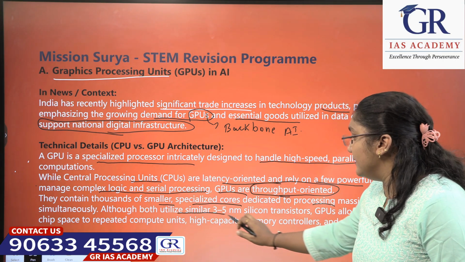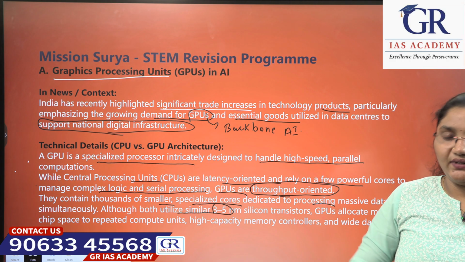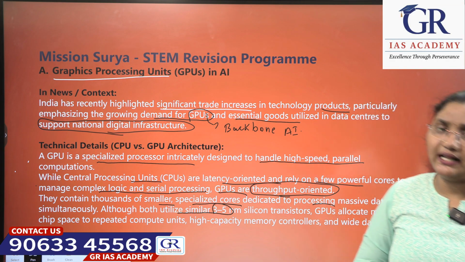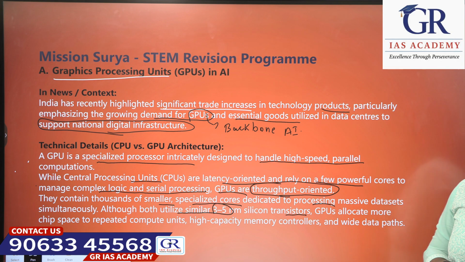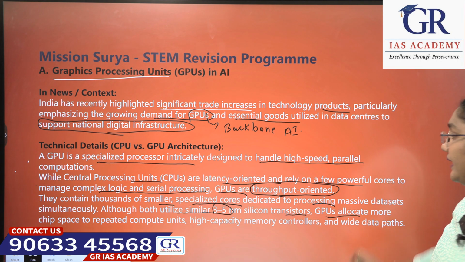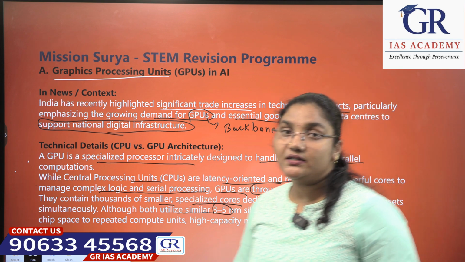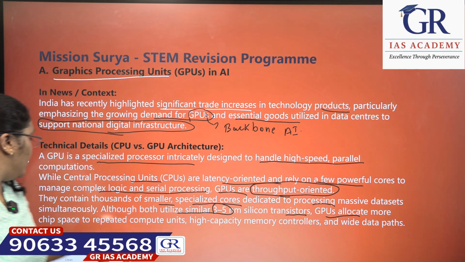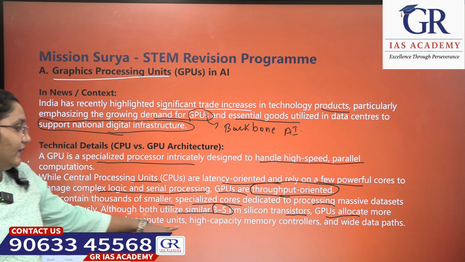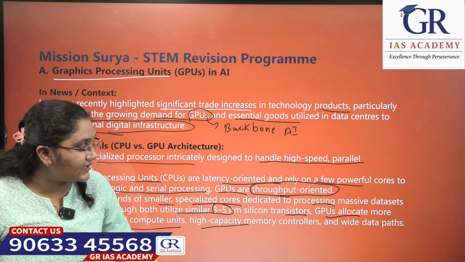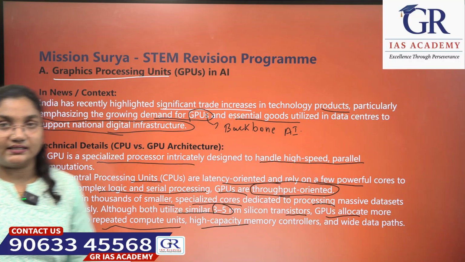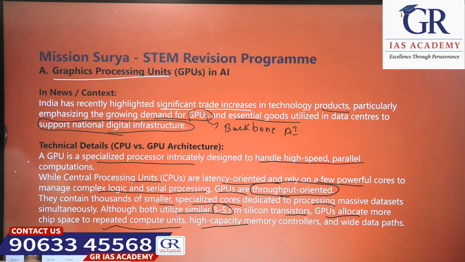Although both the CPU and GPU utilize 3 to 5 nanometer silicon transistors, GPUs allocate more chip space to repeated compute units, high capacity memory controllers and wide data paths. This is the specification of a GPU.